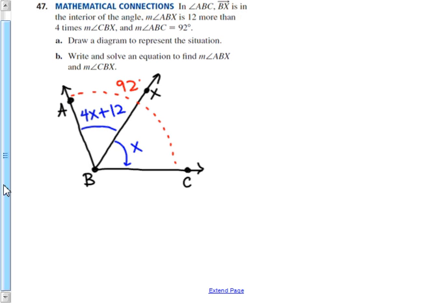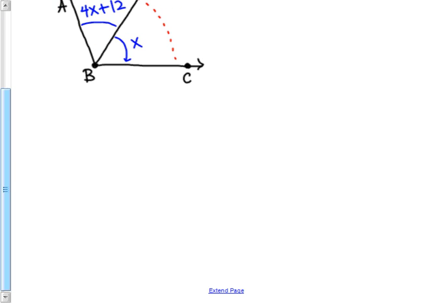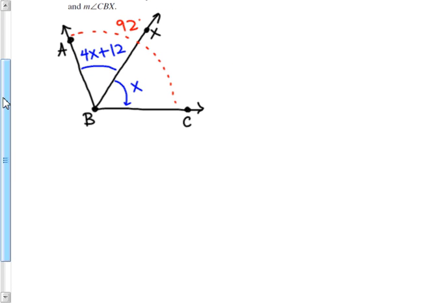Then it wants me to set up an equation and draw a diagram. So I drew a diagram, that's part A. Then B, write and solve an equation to solve for the measure of angle ABX and the measure of angle CBX. To do that, I'm going to add together both those angles and set them equal to 92, because I know that 2 parts make a whole, and the entire thing is 92.